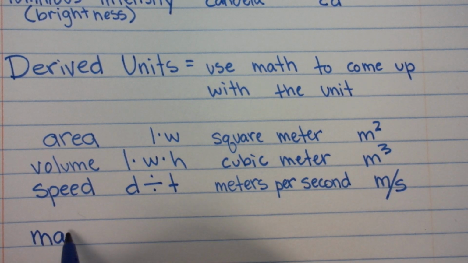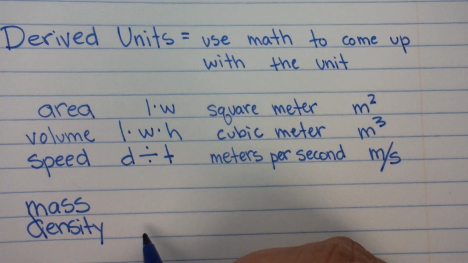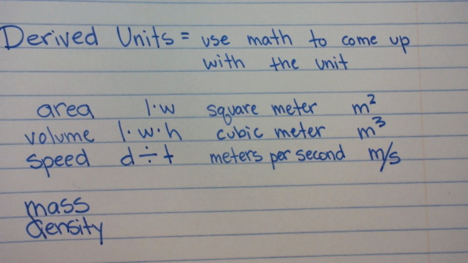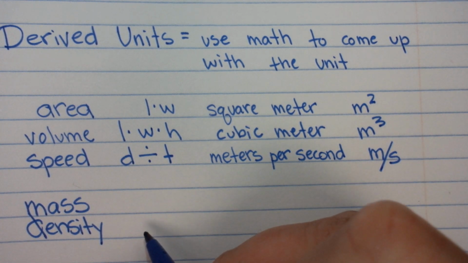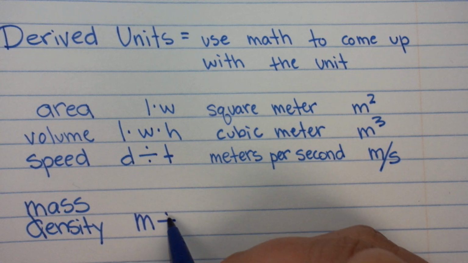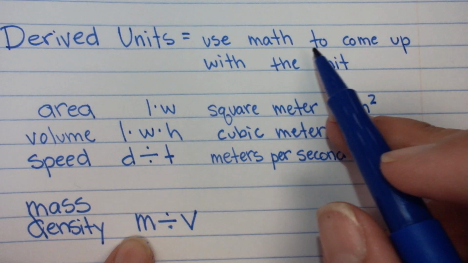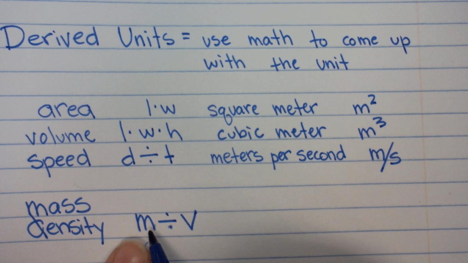Another one that you've used lots and lots of times is mass density. How do you find density? Do you remember that from lots of science classes before? Mass divided by volume. So if this is the math that we're going to use to come up with it, what is the base unit for mass?